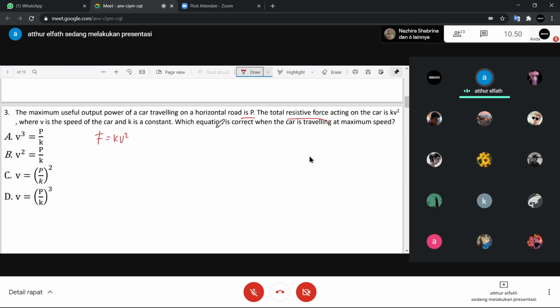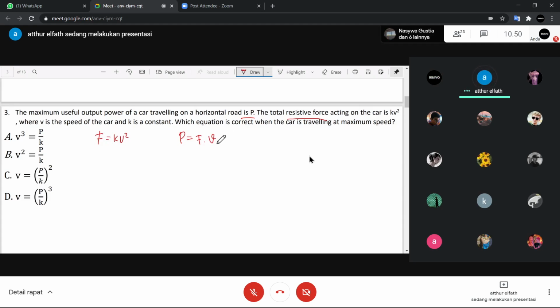Which equation is correct when the car is traveling at maximum speed? I told you about the formula of power. Basically there are many equations to calculate power. One of them is force times velocity or speed.